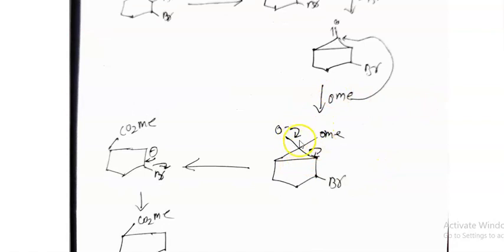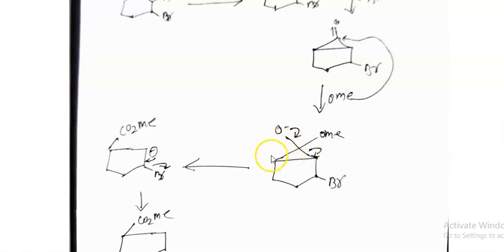Means there are two groups attached here, because the double bond is shifted to become O negative, and in the next step O negative can donate its electron density here to form a double bond and get stabilized.